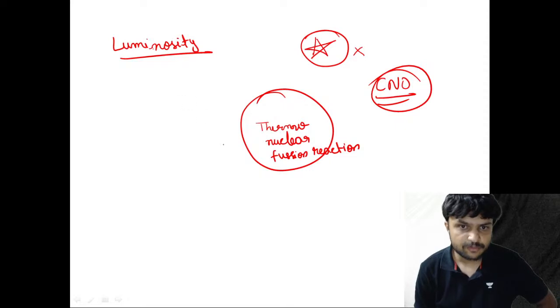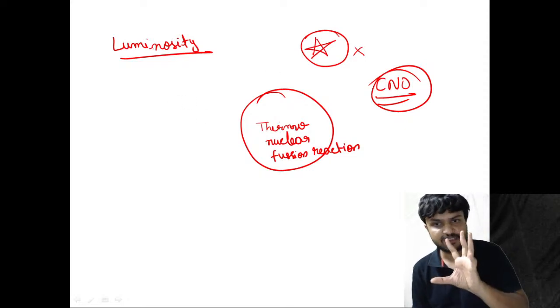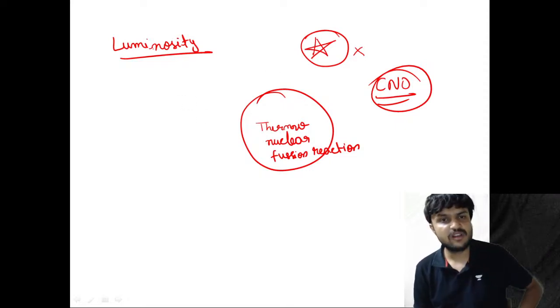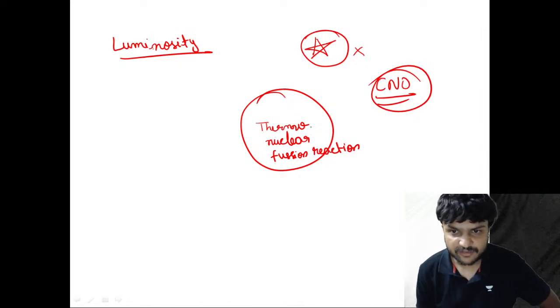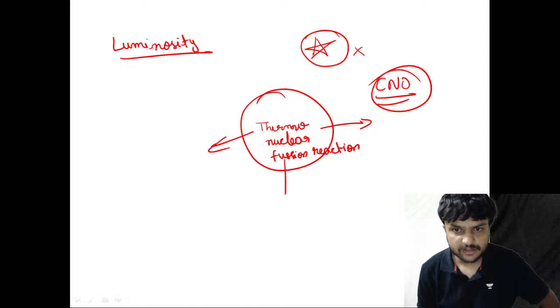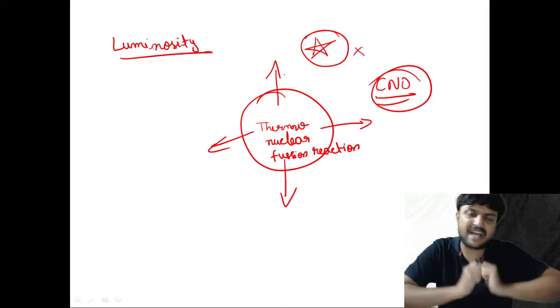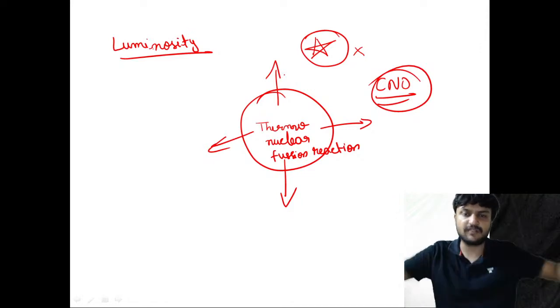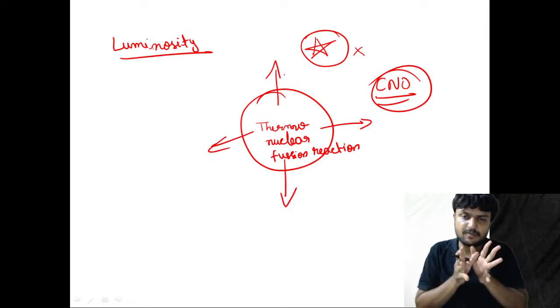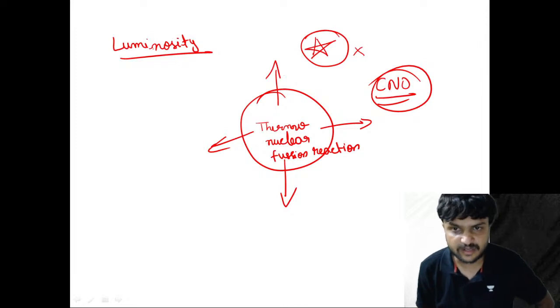Okay, so basically it's a big sphere, a spherical gas ball which has a thermonuclear fusion reaction where radiation pressure is pushing everything outward. In the star, because of this reaction, everything is blasting, like nuclear bombs going off, and the radiation pressure is going in the outward direction. And there is something called gravity, which is pulling everything inward.